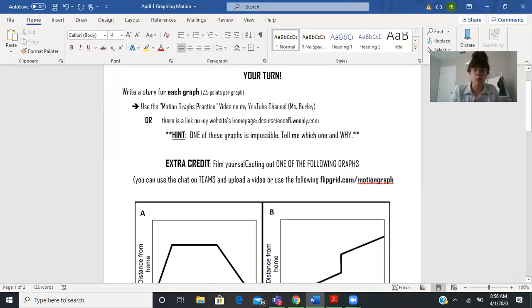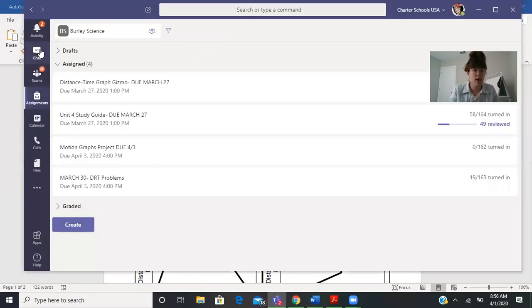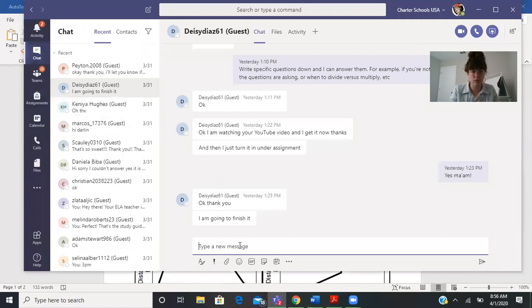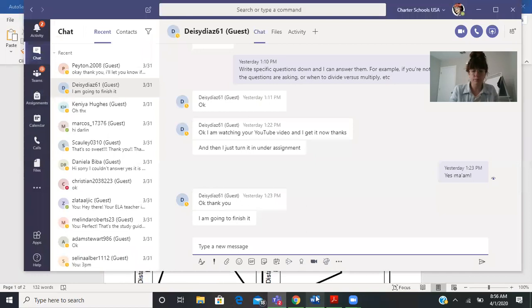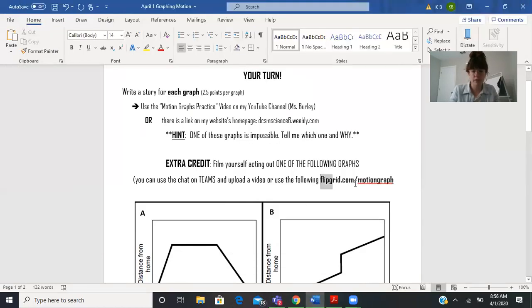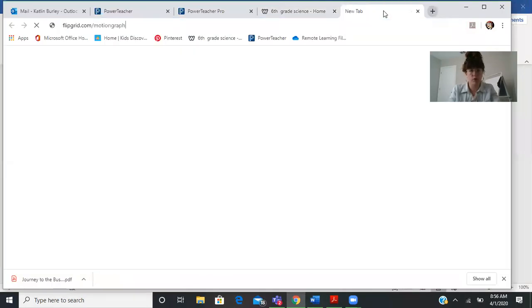Extra credit would be if you film yourself getting outside and acting one of these graphs out. You can use the chat on Teams and upload a video. If you go to the chat section, there should be a little video tab, or you can upload a video using the paperclip and attach it. Or I've also created a Flipgrid. Let me show you what that looks like, where you can just upload your video and you can use a cell phone to do that.